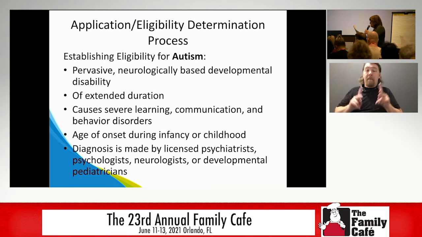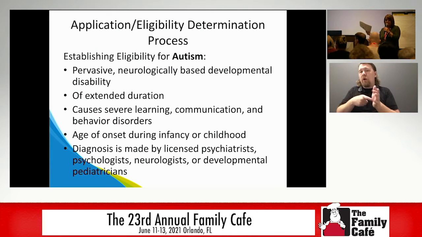Individuals with autism exhibit impairment in reciprocal social interaction, impairment in verbal and nonverbal communication and imaginative ability, and a markedly restricted repertoire of activities and interests. A diagnosis of autism may be made by a licensed psychiatrist, psychologist, neurologist, or developmental pediatrician who has specific training and experience in making such a diagnosis.